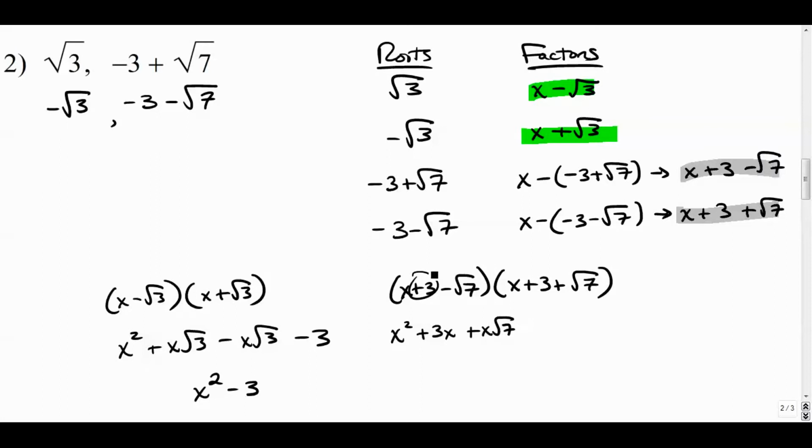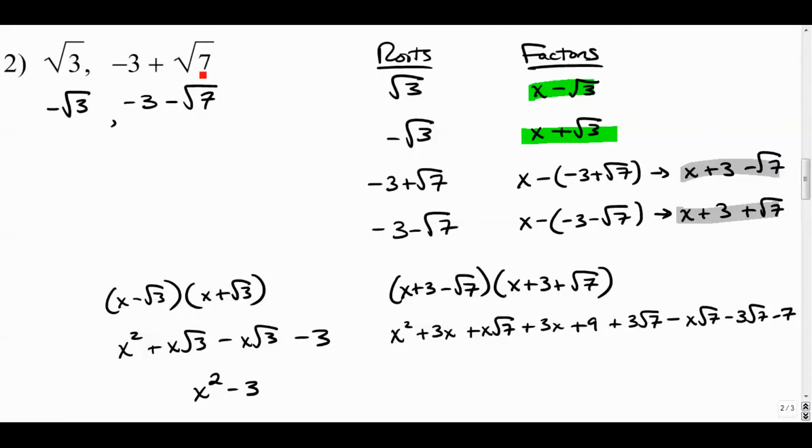The positive 3 is going into these 3 terms. So it's positive 3x, positive 9, positive 3 root 7. And finally, negative 7 is going into all 3 terms as well. So negative x root 7, negative 3 root 7, and just negative 7.